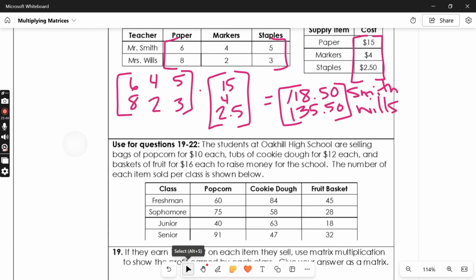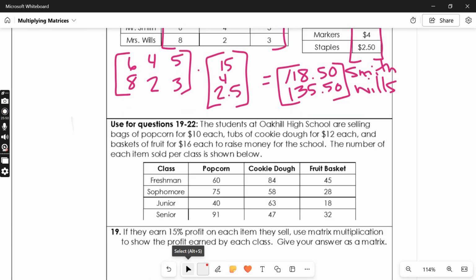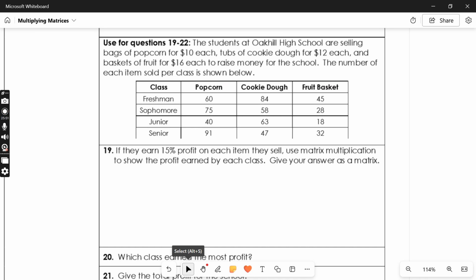Okay, so again, it says the students of Oakland High School are selling bags of popcorn for 10, tubs of cookie dough for 12, and buckets of fruit for 16. Sorry, the number of each item sold per class is shown below.